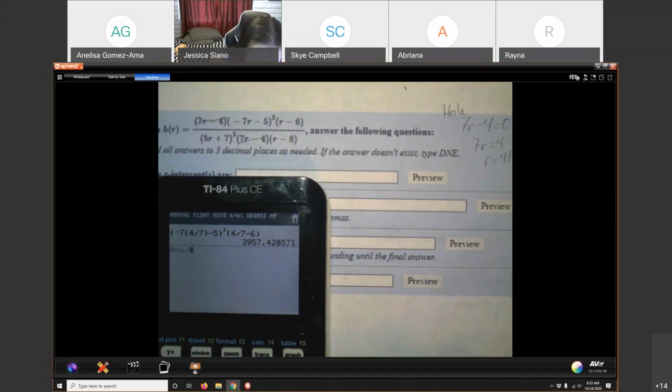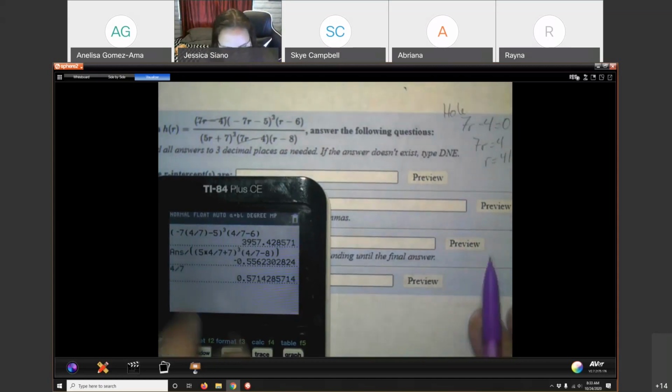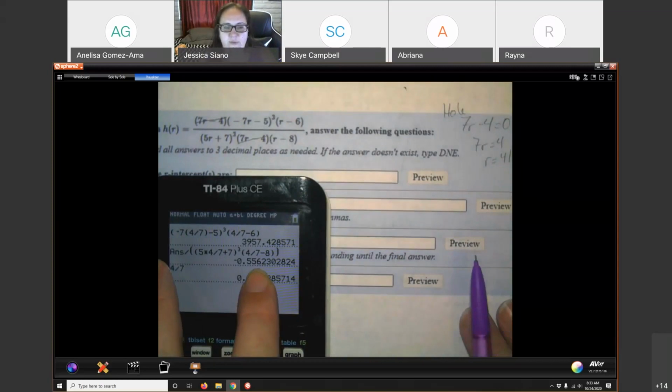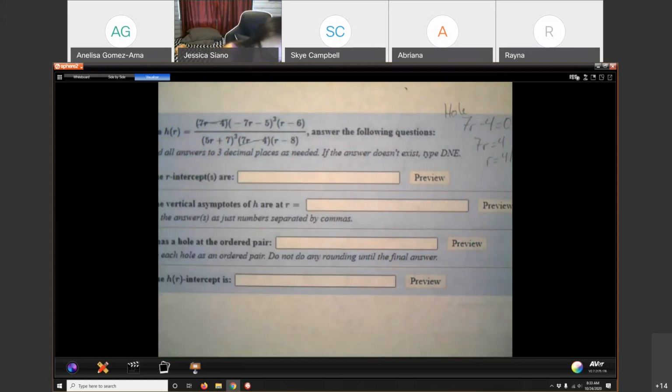And then divide that by 5 times 4/7 plus 7 to the third, 4/7 minus 8. So that would be my y value. They want decimals. So what was my x value? 0.571, comma, -0.556.